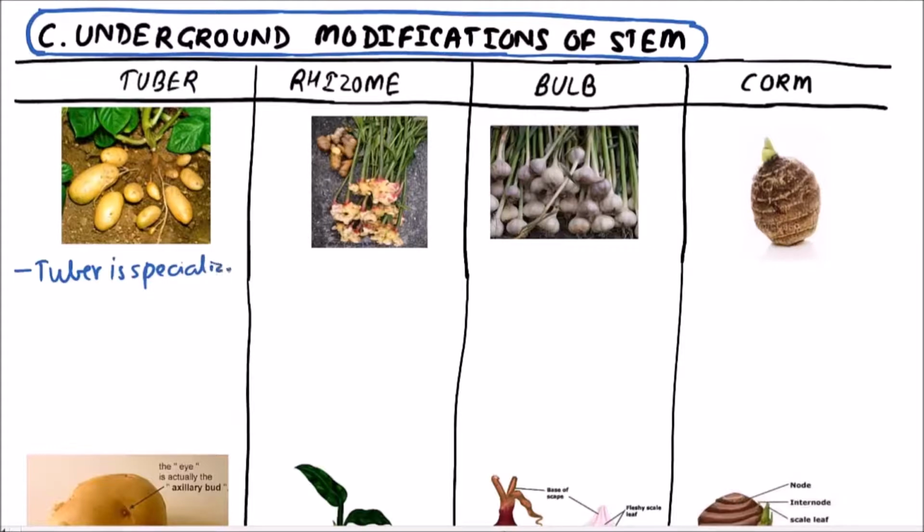Tuber is a specialized oval or spherical underground swollen stem branch.